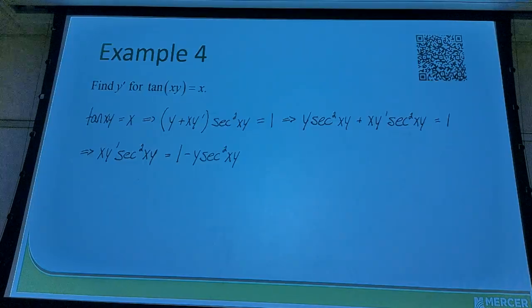Move y secant squared over, and then divide by what? x secant squared? Not like that. Simplify.